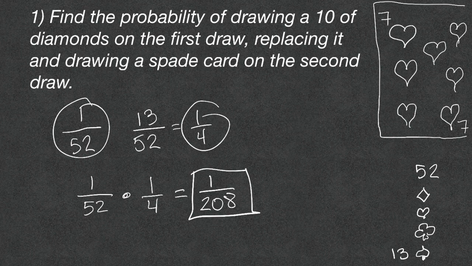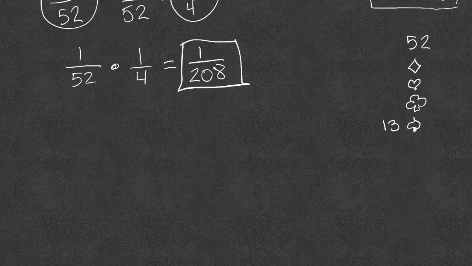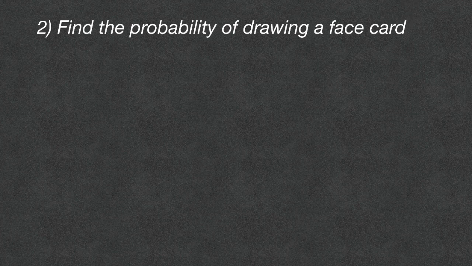Let's try another problem on this page with a deck of cards. So now we're asked to find the probability of drawing a face card. We still have the 52 cards, right? So let's discuss, what is a face card? Is it a happy face card?